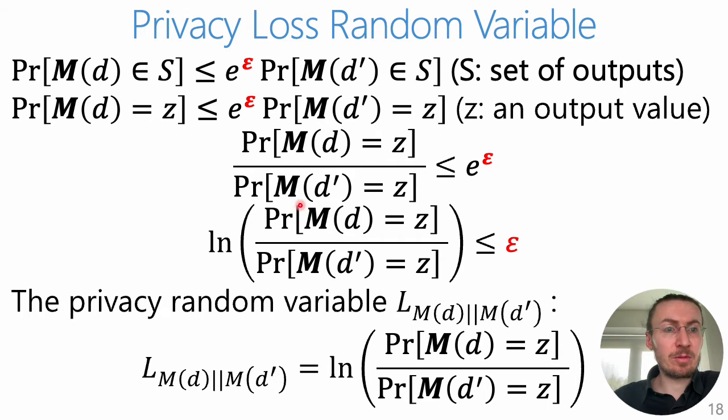Next, for both sides, we take the logarithm, and we now have the logarithm of the ratio of probabilities being less than or equal to epsilon. And now we can define the privacy random variable, which we call L, of M sub D and M sub D prime. This privacy random variable L is defined as the logarithm of the ratio of probabilities, probability of M of D equals z over probability of M of D prime equals z.